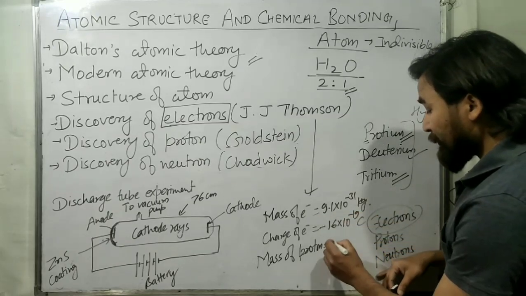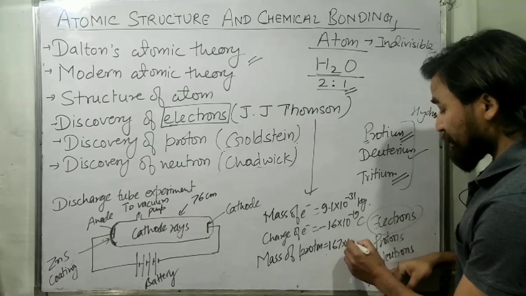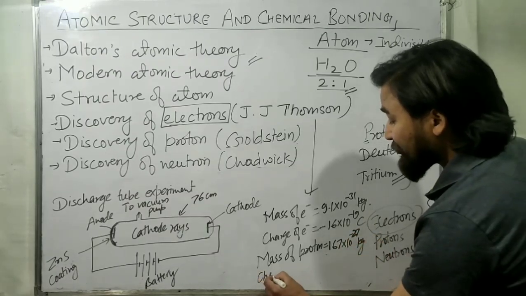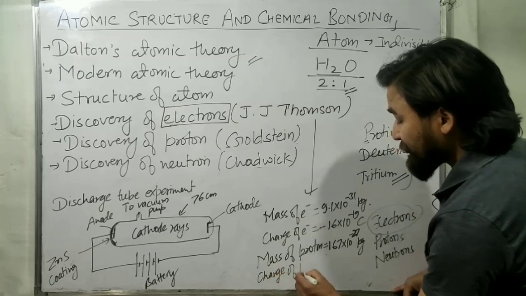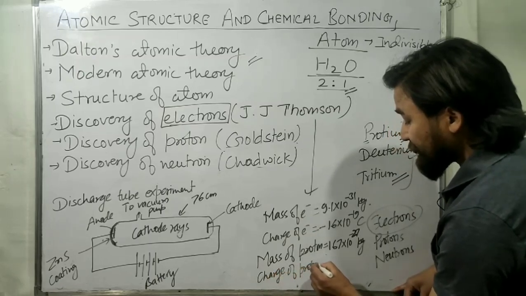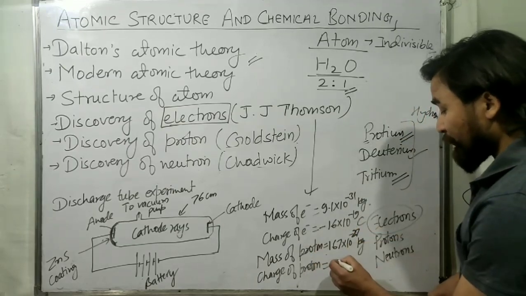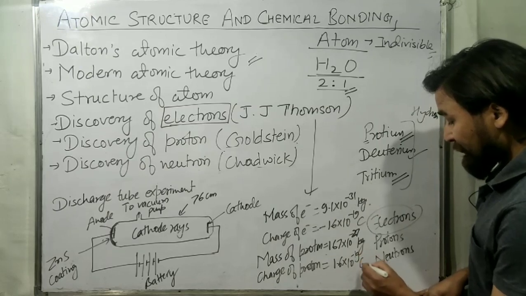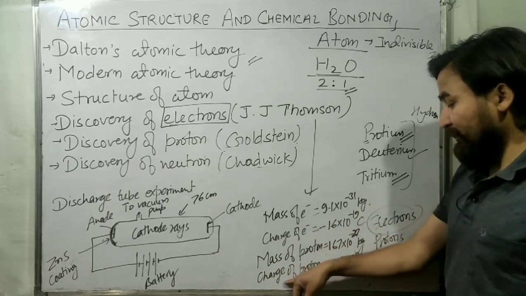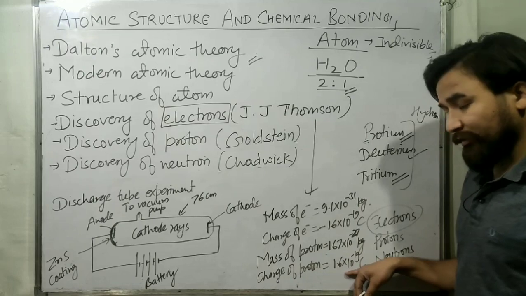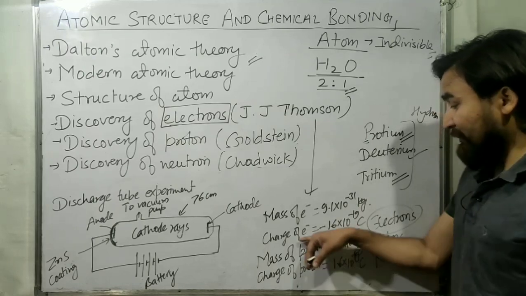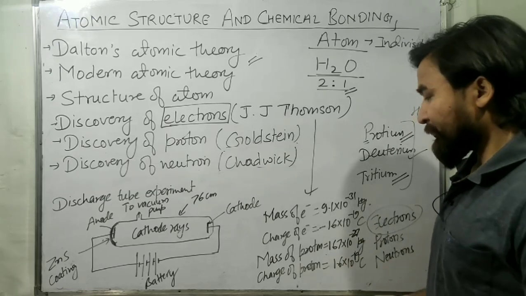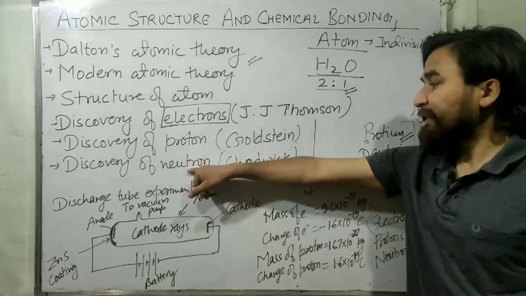It was about 1.67 into 10 raised power minus 27 kg, while the charge of proton was the same as the charge of electron. The only difference is the charge of proton is positive while the charge of electron is negative. So the charge of proton is 1.6 into 10 raised power minus 19 coulomb, while the charge of electron is negative 1.6 into 10 raised power minus 19 coulomb.